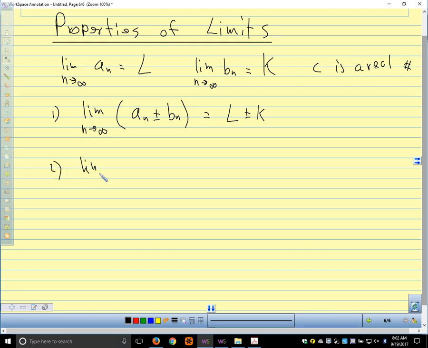The limit as n approaches infinity of C times each term, we can factor out that C: C times L.